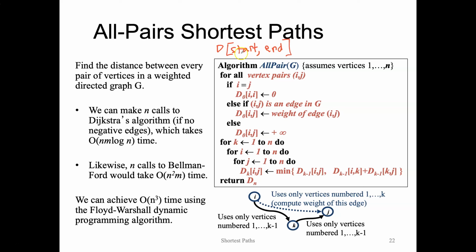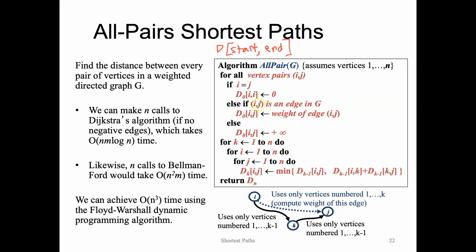That way we can uniquely access this just as a two-dimensional matrix in constant time, the distance from some starting vertex I to some ending vertex j. And we know some of these distances already. If we have the same start and end vertex, the cost associated with going from one vertex to the same vertex is 0 because we're already at that vertex.